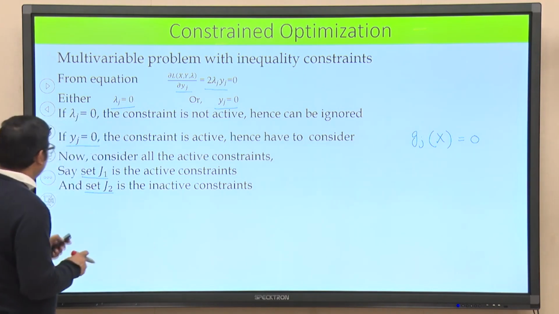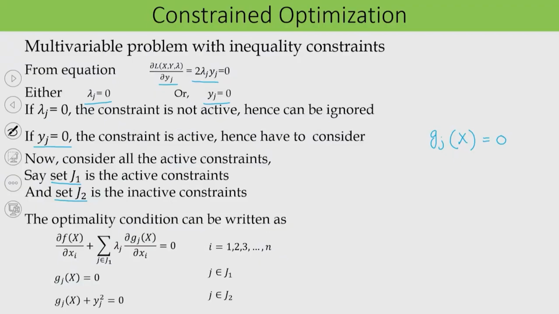Okay. If I know that, then I can write the necessary condition something like this: del f by del x_i plus the summation, now only considering the set J1, which are active, for i equal to 1 to n, and similarly z_j(x) equal to 0 for the active constraints.